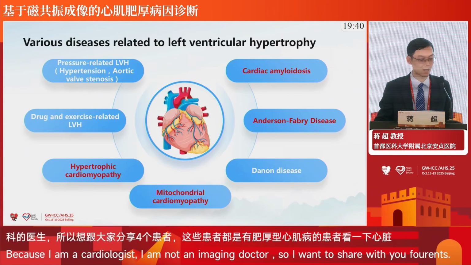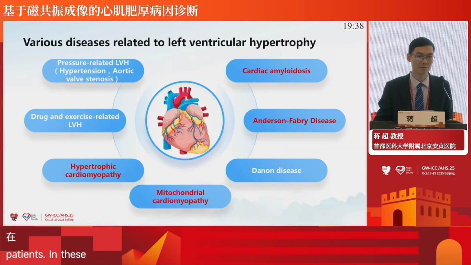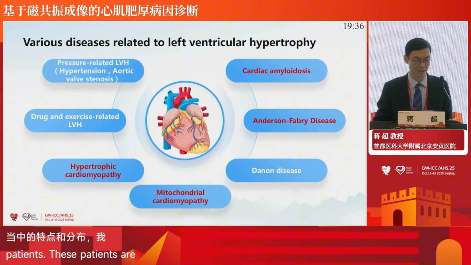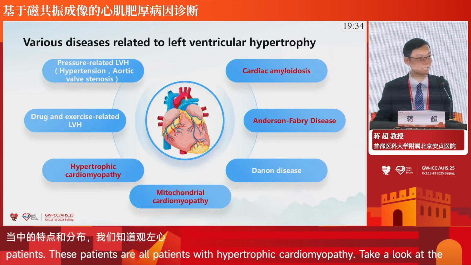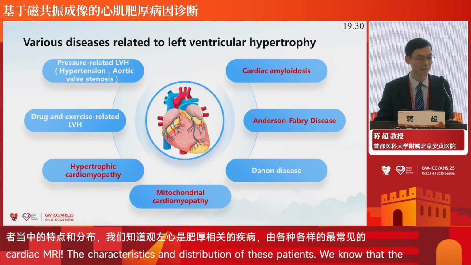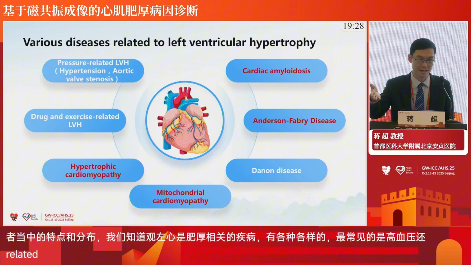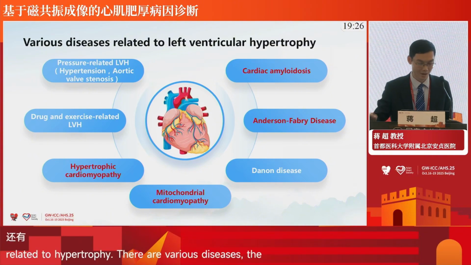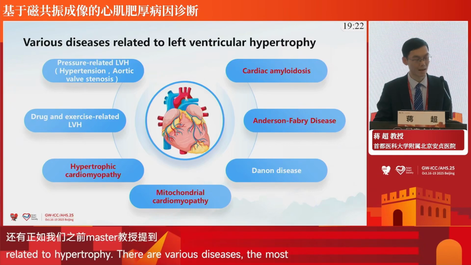These are the various diseases related to left ventricular hypertrophy. The most common are hypertension and aortic valve stenosis, and also, just like Matthew talked about, exercise-related left ventricular hypertrophy.